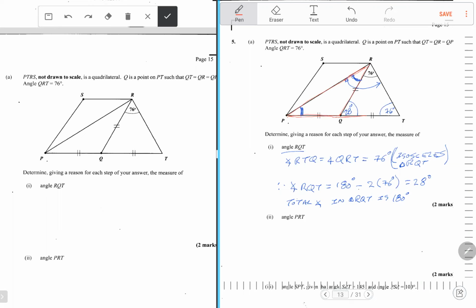This is an extension of this side, and this 28 is an exterior angle. Now, see this exterior angle, it is equal to the sum of these two angles, the two opposite interior angles. And if it's equal to the sum of the two of them, and the two of them are equal, it means that each of them is 14. Right? That's what it means, each of those two angles equals 14.